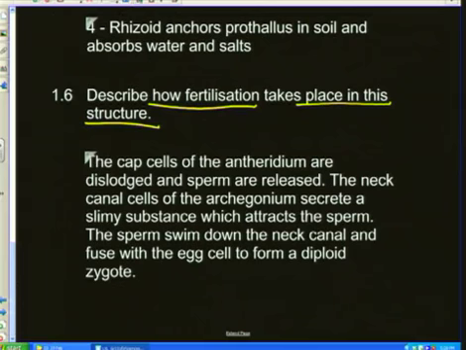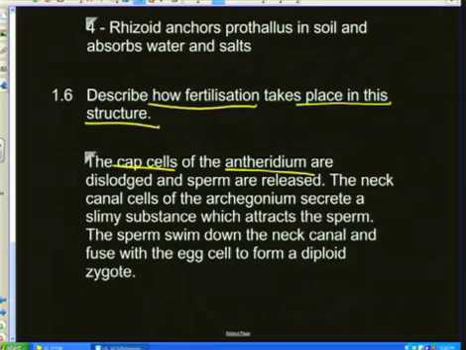Simple and easy. There is a cell cap that holds the andrecium, so that it doesn't go anywhere until it's time. It breaks off, it dislodges, which is a bigger word, and it gets released.